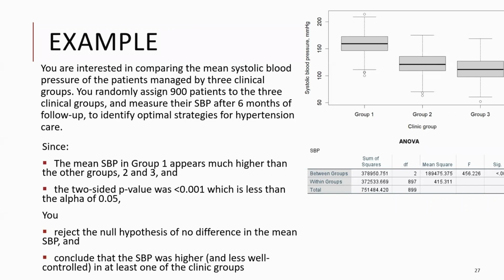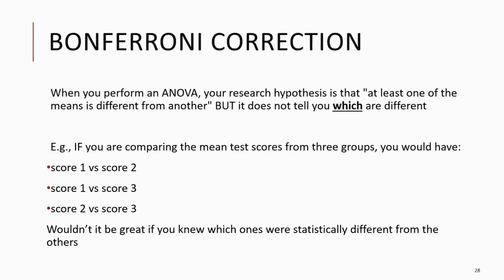So remember I mentioned at the beginning that it tells us there's a difference, but it doesn't tell us what that difference is, which is higher, which is lower, and what their relativity to one another is.